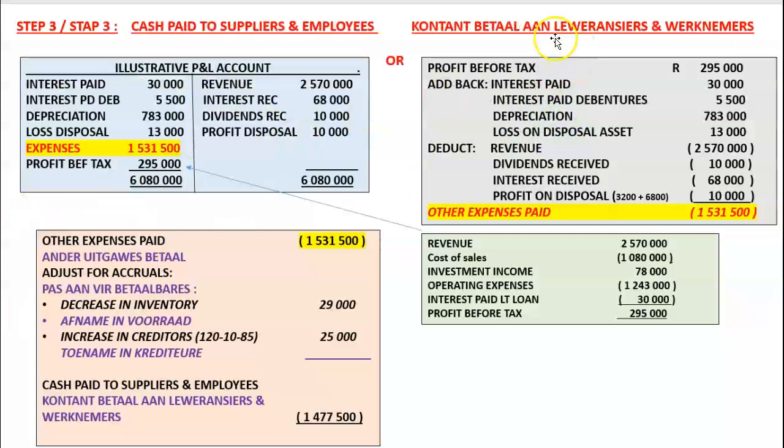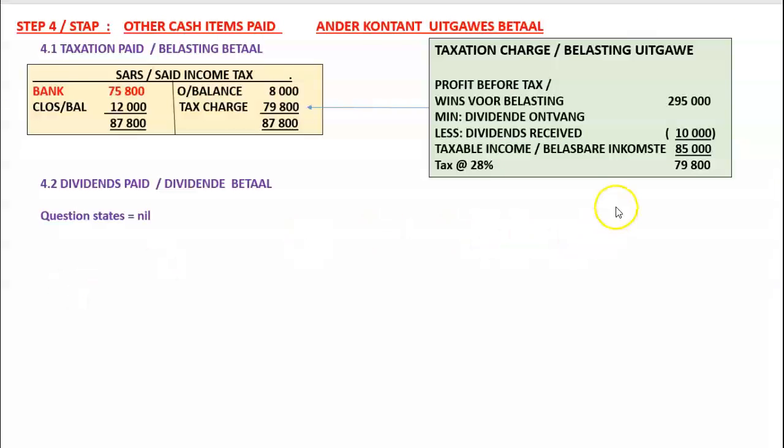Included in that profit before tax was dividend income, dividends received of 10,000 Rand. By now you know that dividend income is not subject to normal income tax, so therefore I have to remove that dividend income out of my profit before tax for tax calculation purposes.